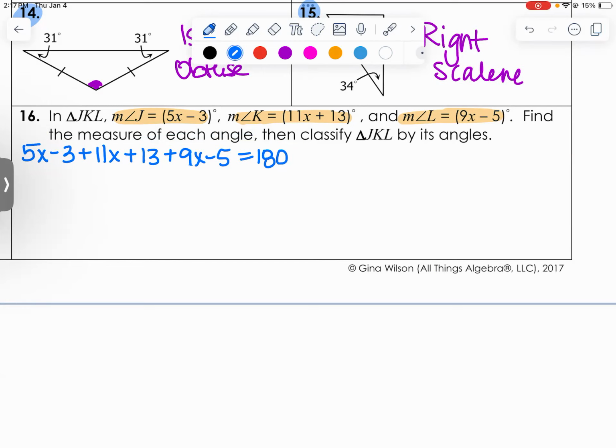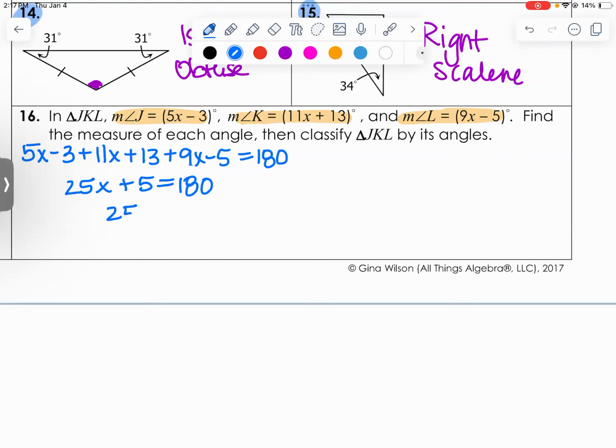Okay. Let's combine like terms. How many X's do we have? Is it 25X? 25X plus 5 plus 5 equals 180.